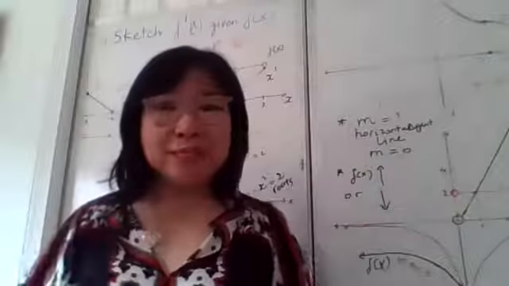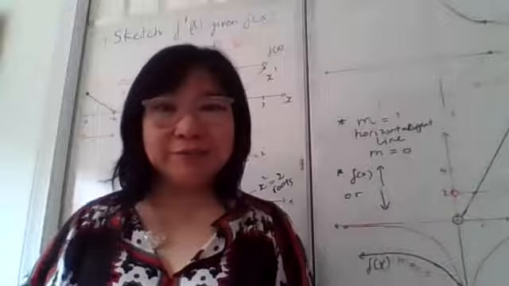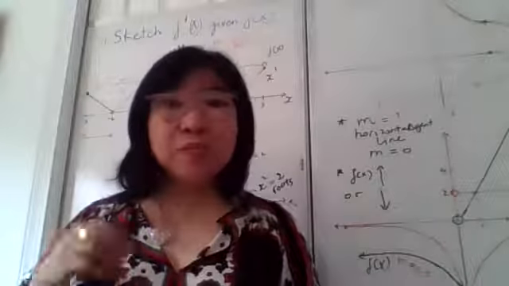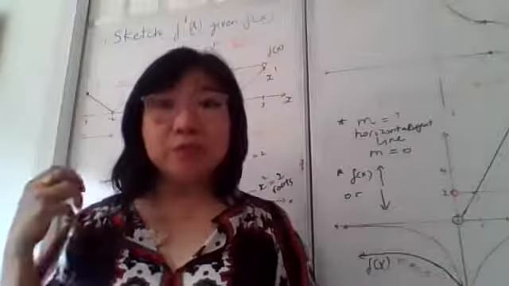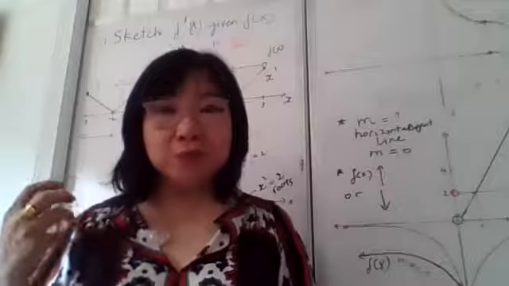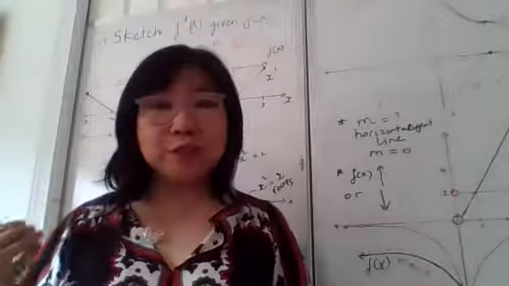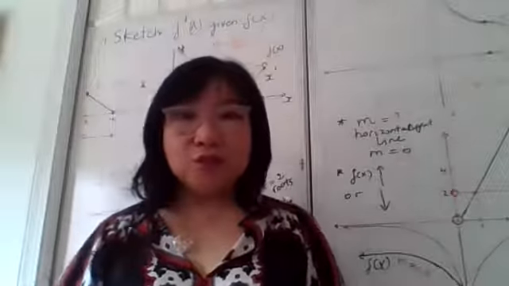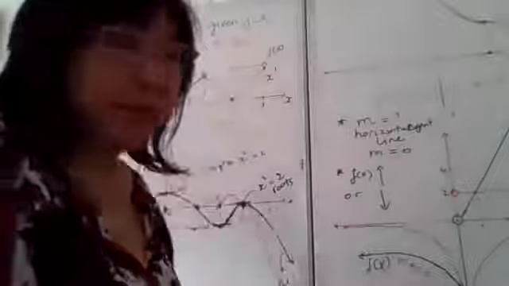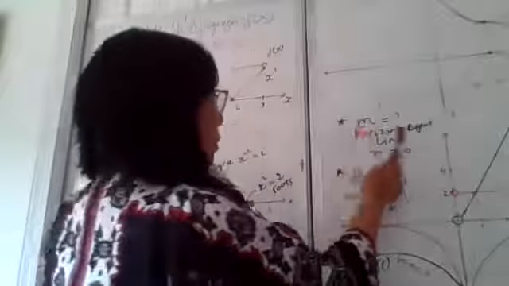After we sketch the derivative graph, let me give you a summarization of what we should do when we try to sketch the derivative graph. For the summarization part, I wrote it here.